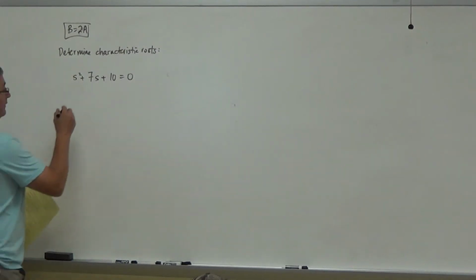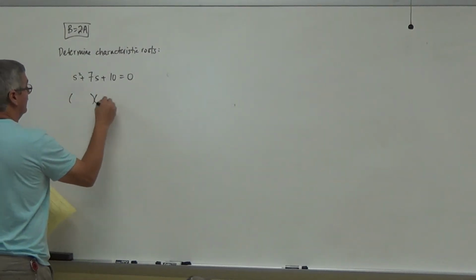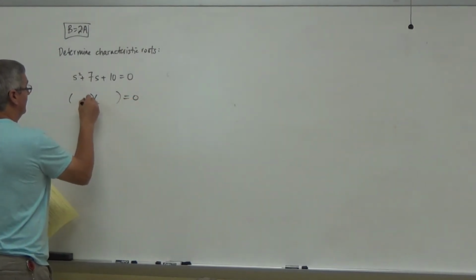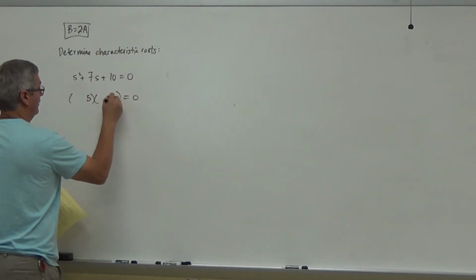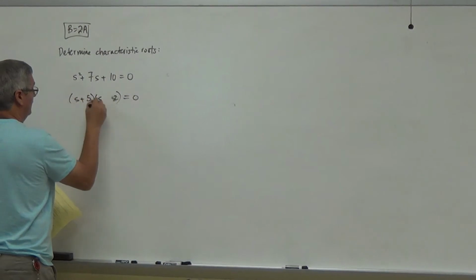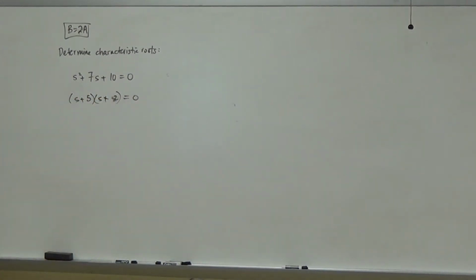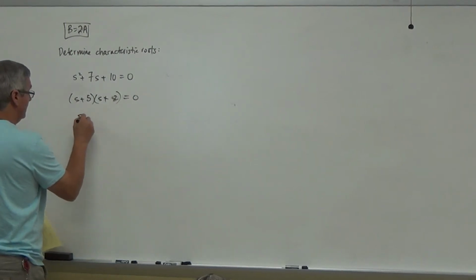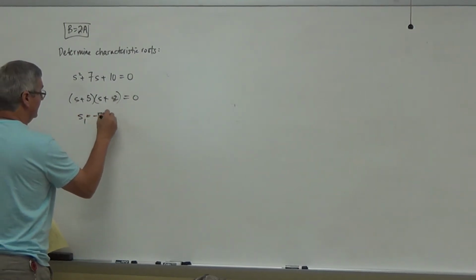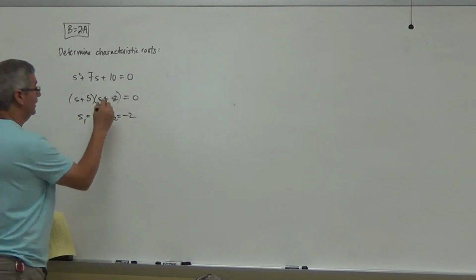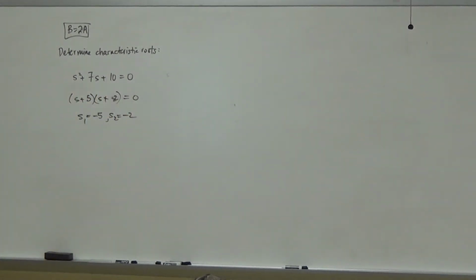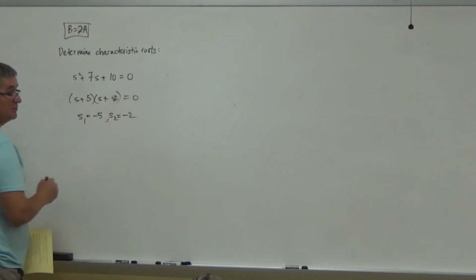Sure we can. That's what I mean by being nice. You look at that, this implies here that S1 is equal to -5, S2 has to equal -2 in order to satisfy that equation. So if I do that, these are real and distinct.